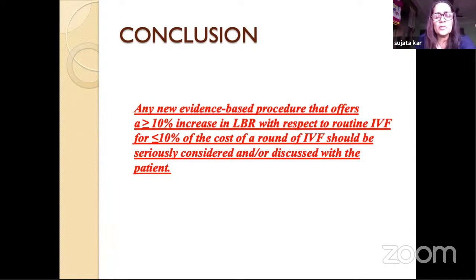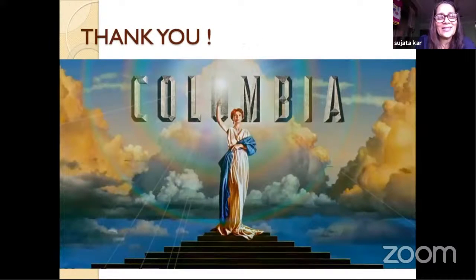So if we have to simply say in one word, any new evidence-based procedure, whether it is PRP, time lapse, or PGTA for normal IVF, any procedure that offers at least a 10% increase in live birth rate with respect to routine IVF for less than 10% of the cost of a round of IVF should be seriously discussed with the patient and seriously considered.